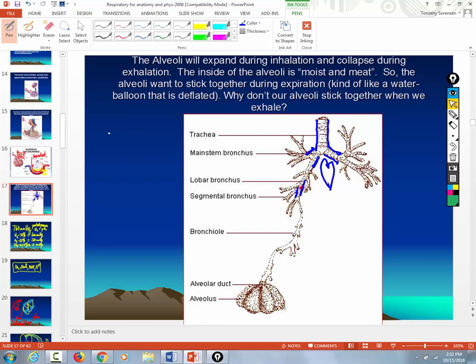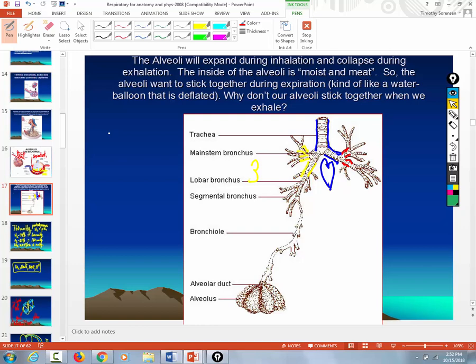So if you look, you have 1, 2, 3 lobar bronchi in the right. That's because the right lung has 3 lobes. And then the left, 1, 2 lobar bronchi, because the left lung has 2 lobes.